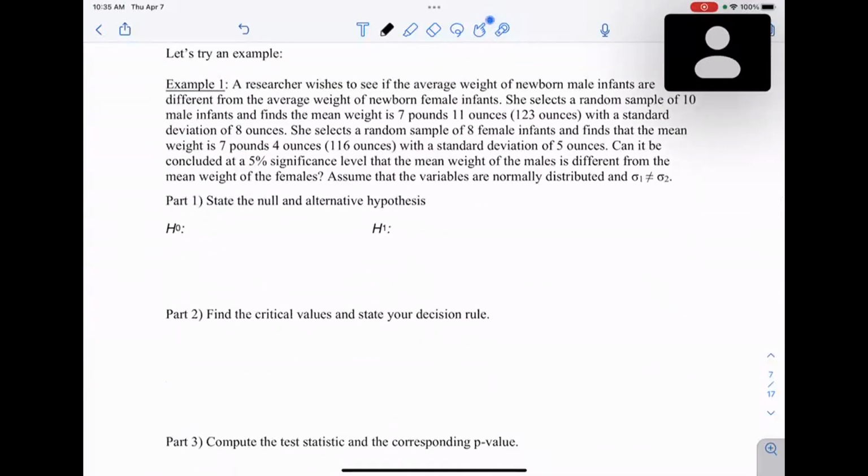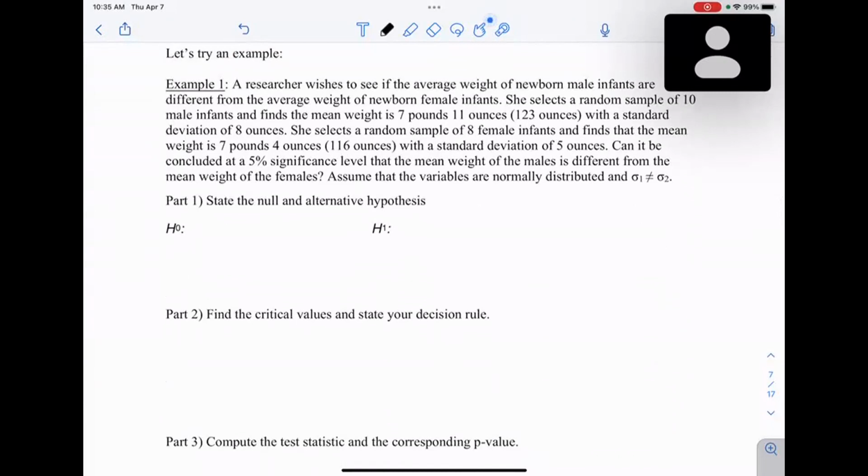Then let's look at this example here. We didn't go over this, did we? Okay, cool. Okay, it says a researcher wishes to see if the average weight of newborn male infants, should say, oh, I still haven't changed that. It says is different from the average weight of newborn female infants.